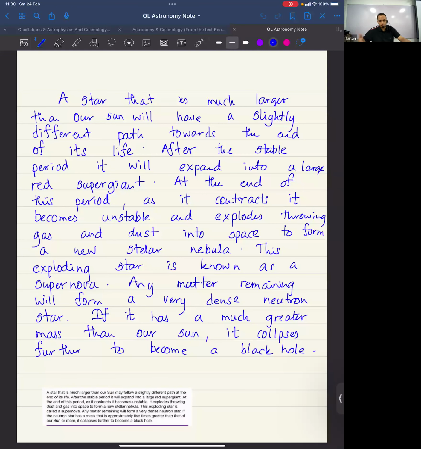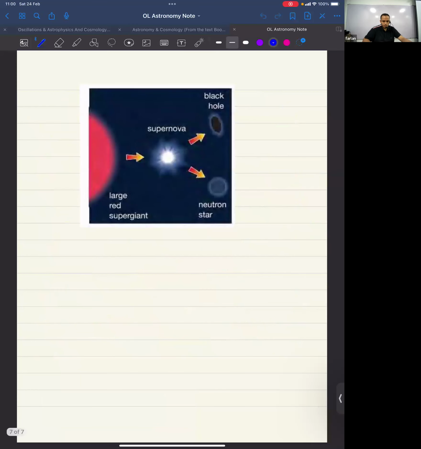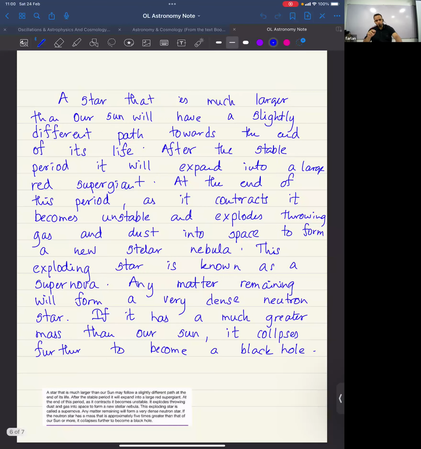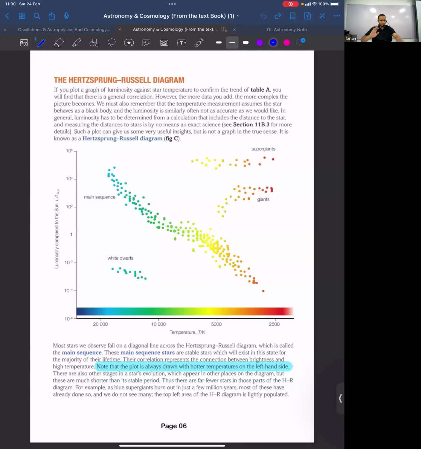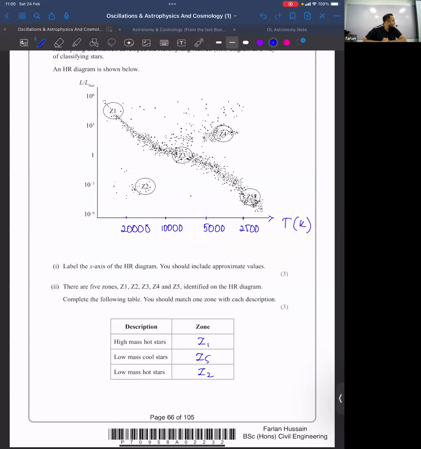From there, it forms new stars. That exploding star is what you call a supernova. Any matter remaining will form a very dense neutron star. If it has a much greater mass than our sun, it collapses further to become a black hole. So that is the summary of the life cycle of two types of stars.